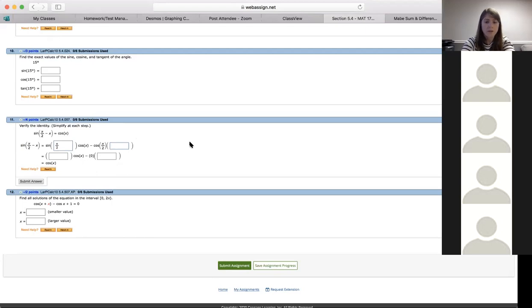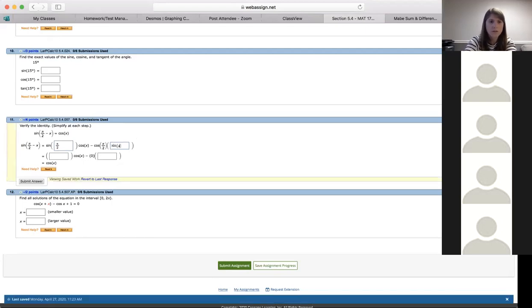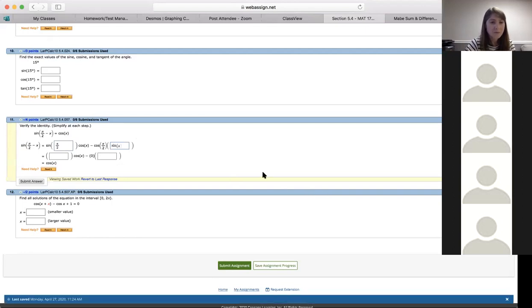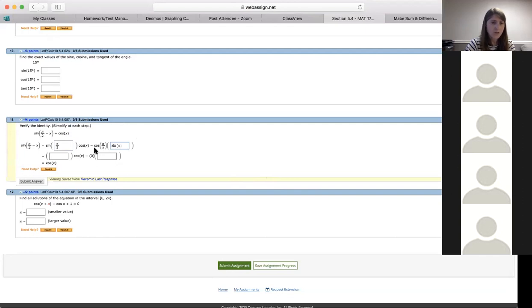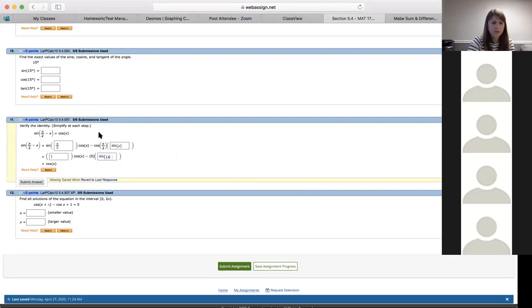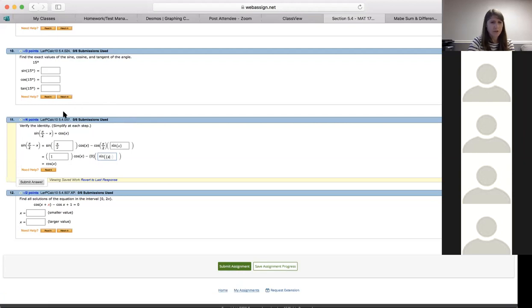So this would be sine of x. So you're trying to manipulate this and then simplify. Notice we have the idea of substituting cosine of pi over 2 and sine of pi over 2. Sine of pi over 2 is 1. And then we're still pulling down that sine of x. And then this simplifies to cosine x. Okay. So again, you're not going to have tons of these. Every one should be very similar to this number 11.